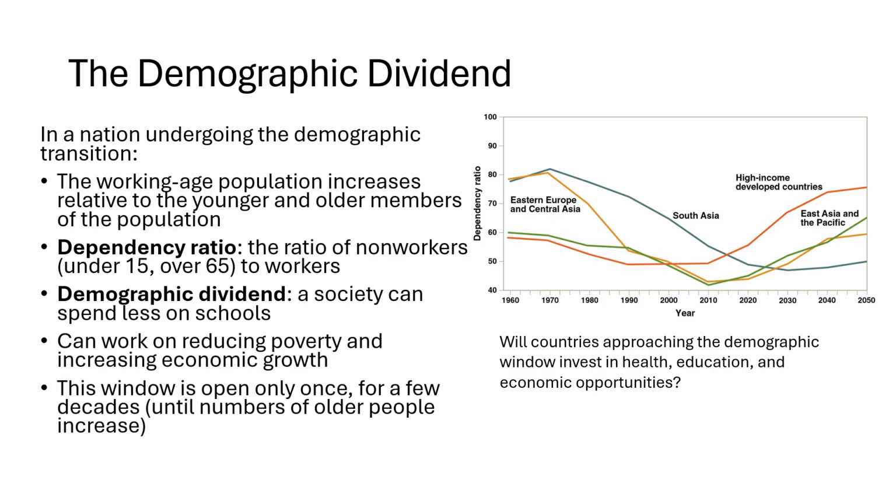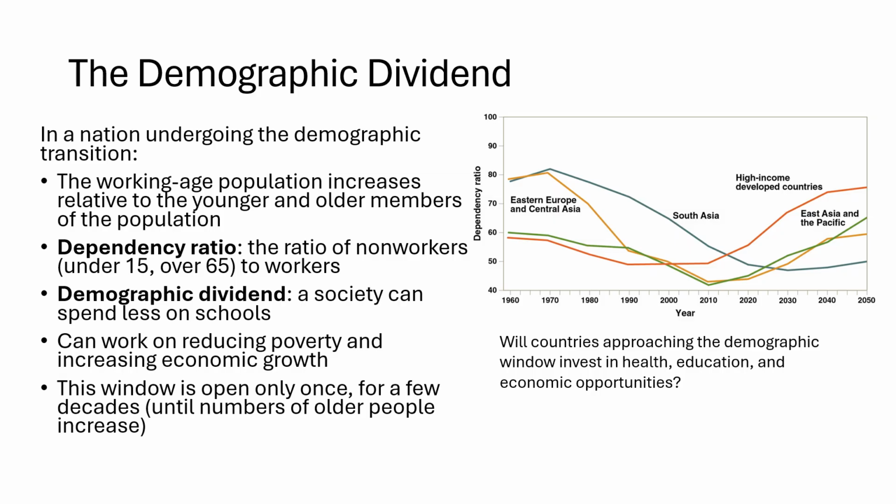Are you going to invest in health, in education, or in economic opportunities? So in order to make a decision, governments are looking at the dependency ratio. So how much do the non-workers, the people under the age of 15 and over 65, rely on the population of workers? And then are you going to spend a little bit less on school?